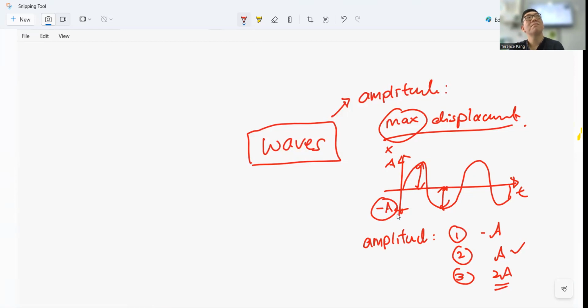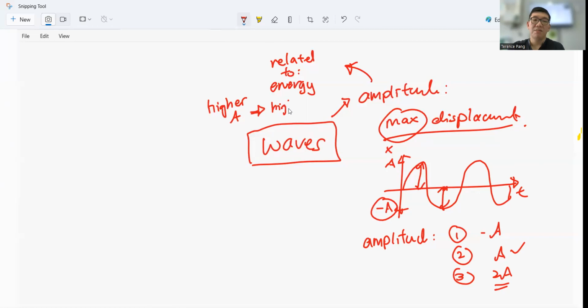And amplitude is related to a property of a wave. What property is that? No, even the longitudinal wave also has amplitude. It's related to energy. What this means is that if you have higher amplitude, that means you have higher energy.